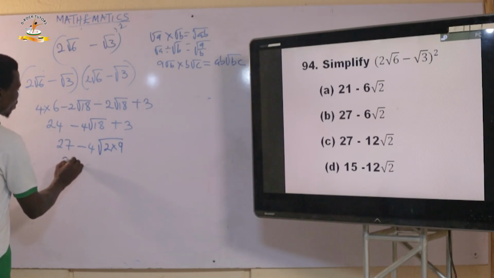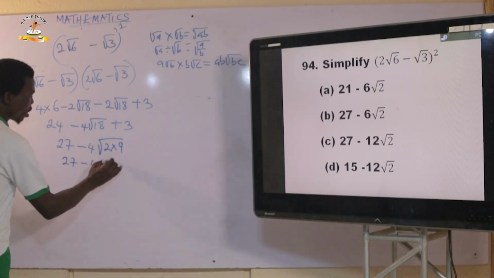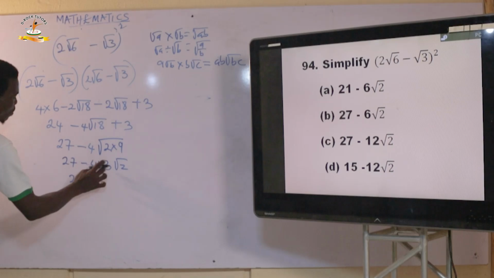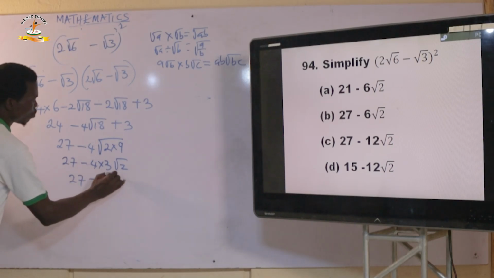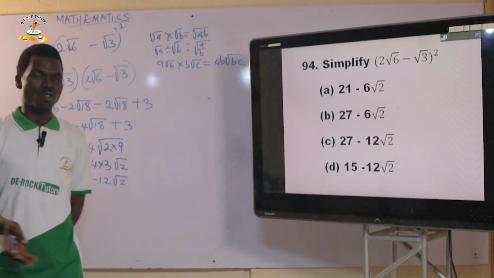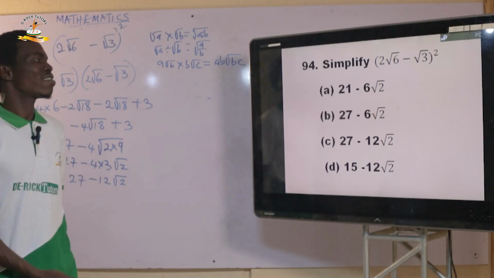So I write 27 minus 4. This root 9 will come out as 3, and that will be 3 root 2. So 4 times 3 is 12, minus 12 root 2. So my final answer is 27 minus 12 root 2, and the correct option is option C.